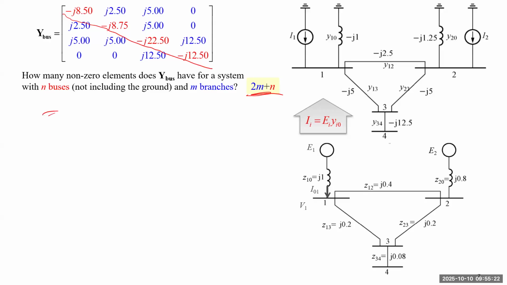But for this entire matrix, 1,000 times 1,000 is a million elements, and you only have 3,000 non-zero elements. So this can be a sparse matrix.